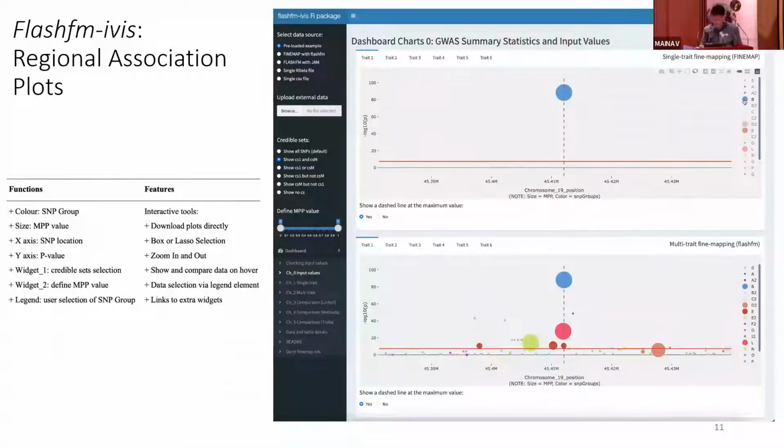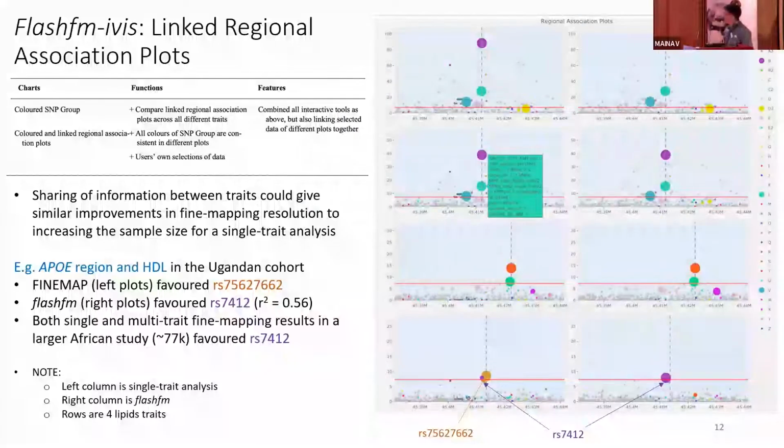Then we move on to, because we are talking about shared information, so we want to understand the combination of different information sets. This is a dashboard to combine all the individual regional association plots together. The main feature is that they are linked together, so each point on this plot is linked across the different plots.